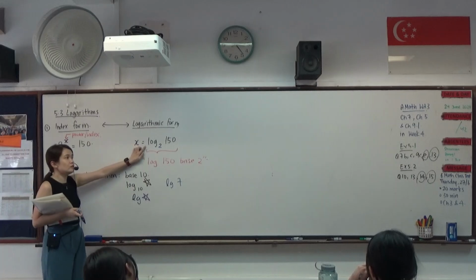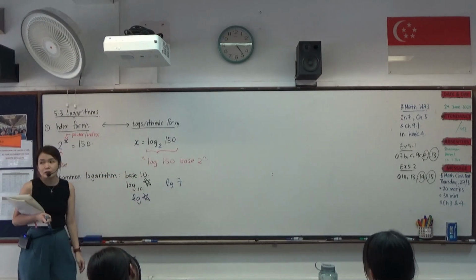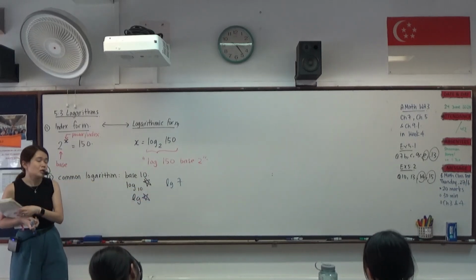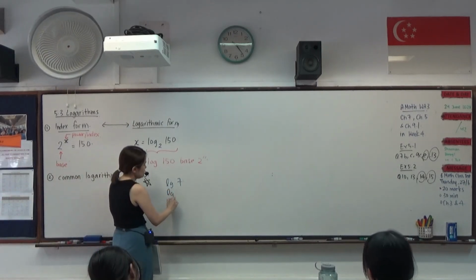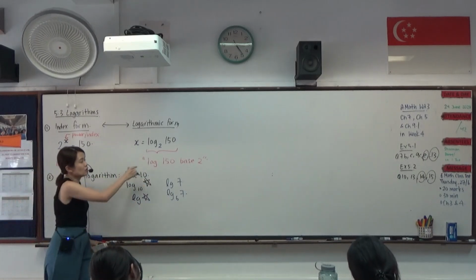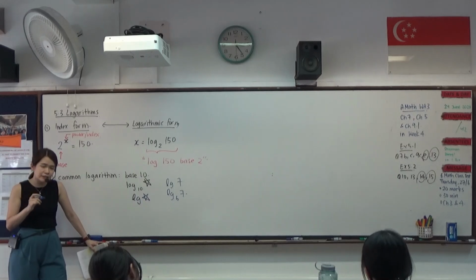Okay? If you're trying to refer to a different base, you must tell me log 150 base 2. So writing in this manner, I'm referring to a base of 10. You cannot write LG7 base 6. You cannot cut short the word log. Log is supposed to be a function.